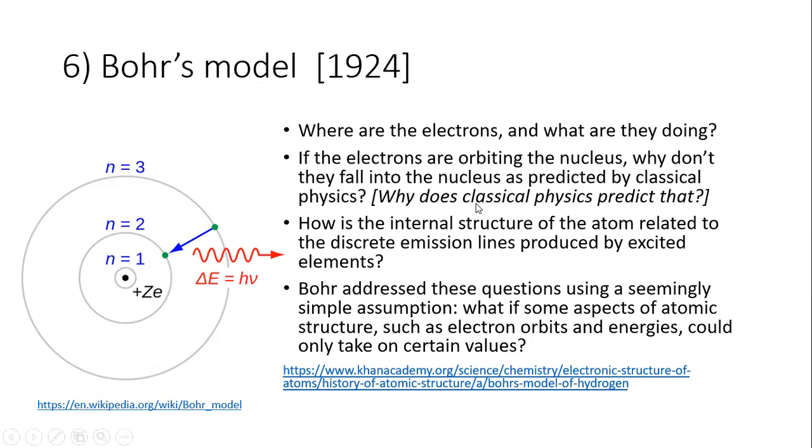Bohr addressed this question using a seemingly simple assumption. What if some aspects of atomic structure such as electron orbit and energy could only take certain values? Right? That's what we did last topic. We assume that the electron can occupy certain energy levels where the angular momentum is quantized.